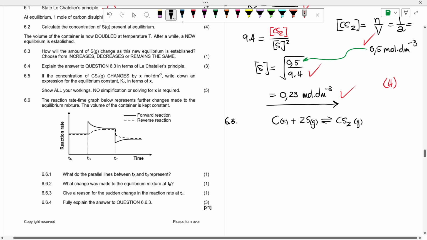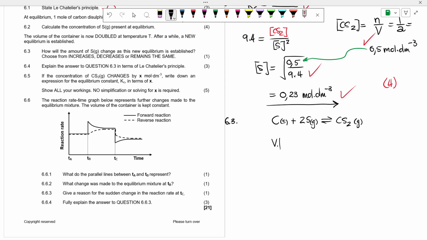So we are doubling the volume. Increasing the volume decreases the pressure. If we decrease the pressure, we favor the side with the most molecules. So this is the reverse that is favored, right?